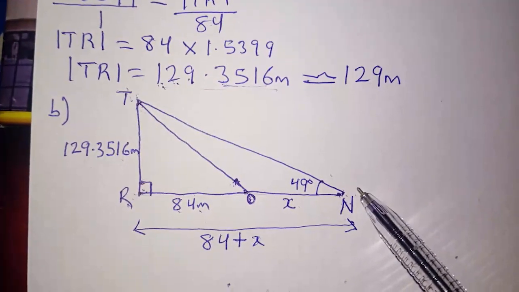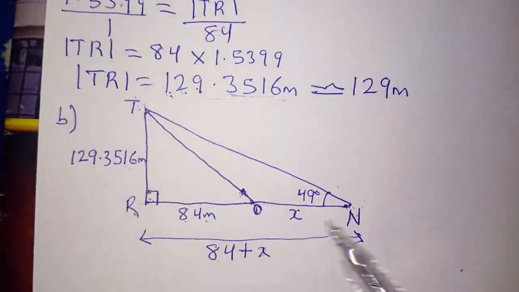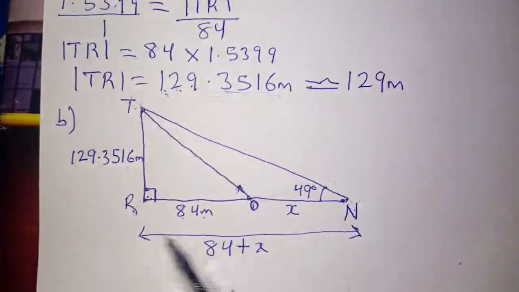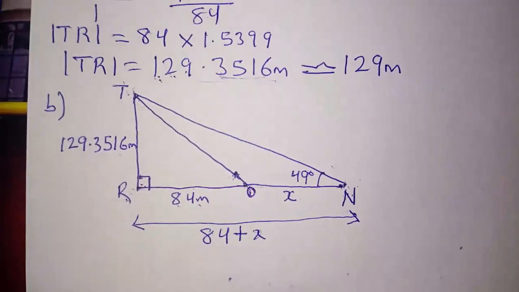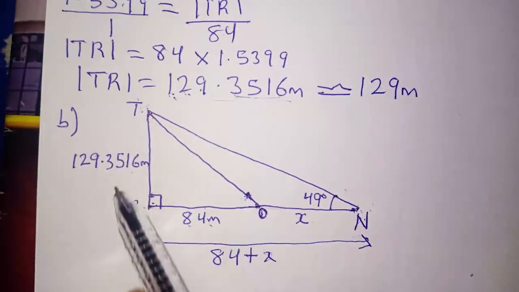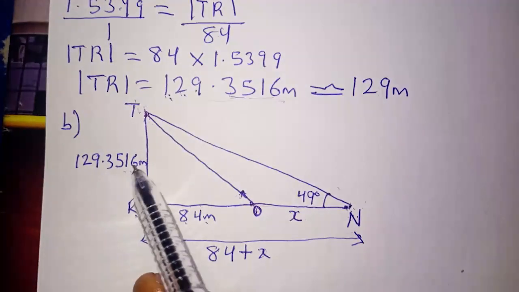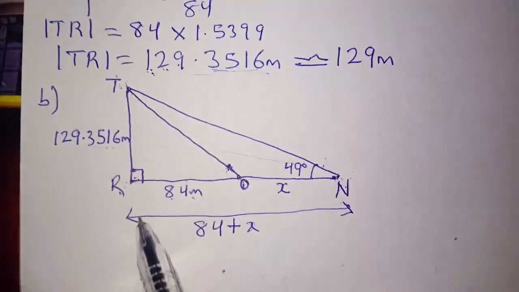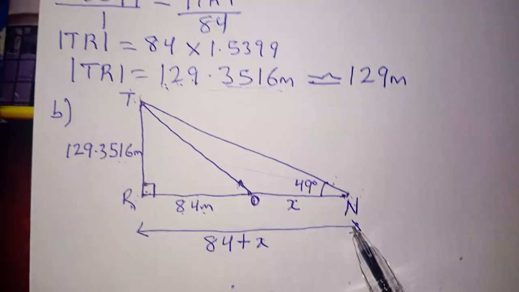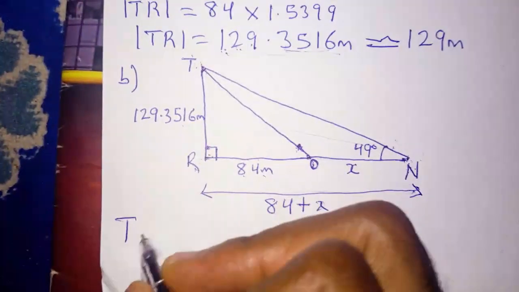So all we need to do now is to use any of the ratios for this side and this side. And this time again, it is a case of tan, because to this 49 degrees, 129.3516 is the opposite, and 84 plus X is the adjacent. So you are still going to use tan.